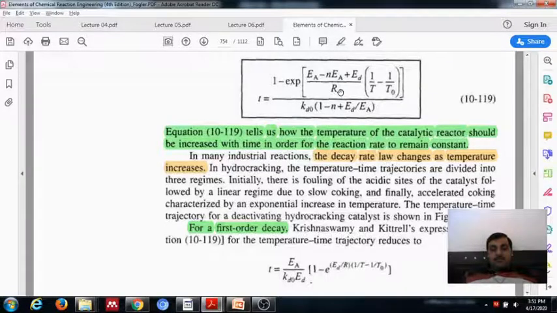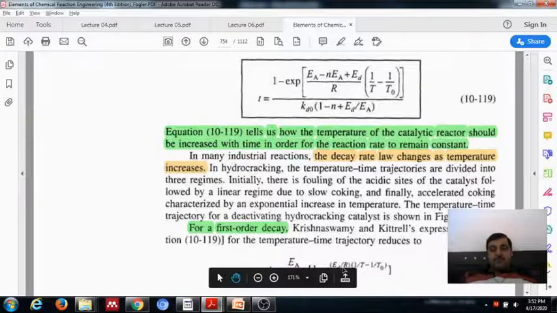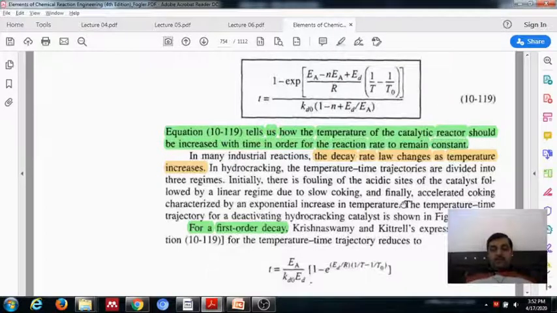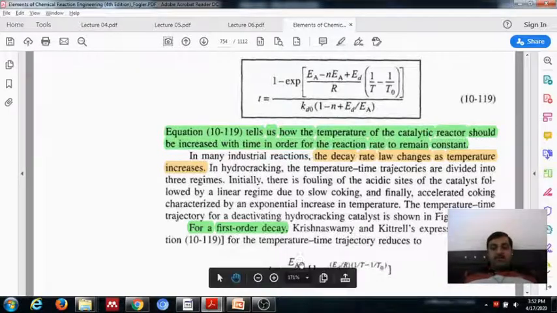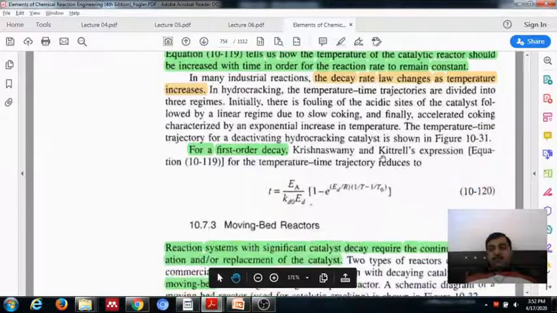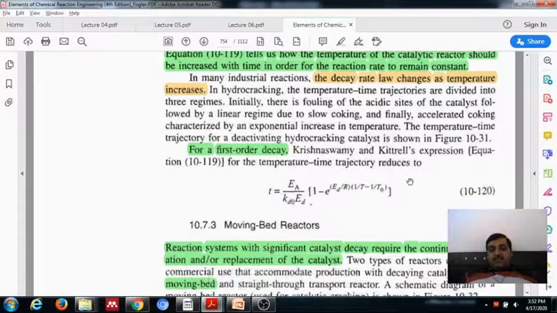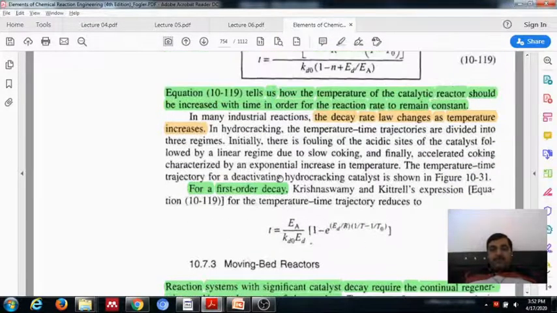This is Ed by R, so 1 minus exponential Ed by R, 1 by T minus 1 by T naught, that is there, kd naught, and this becomes Ea upon kd naught into Ed. So that's just a simple expression that we are having.